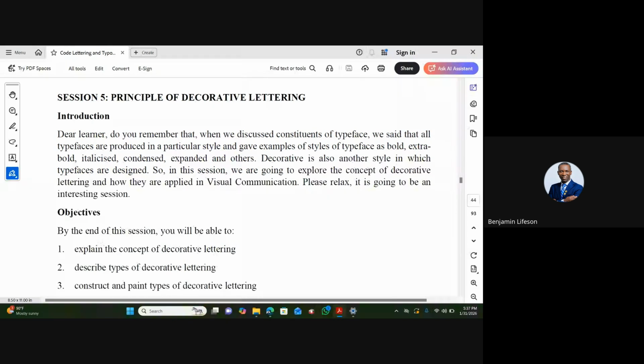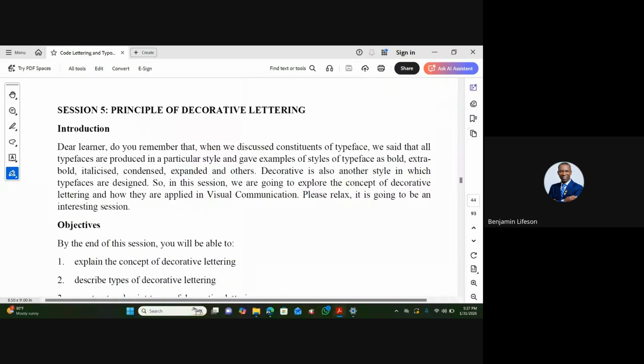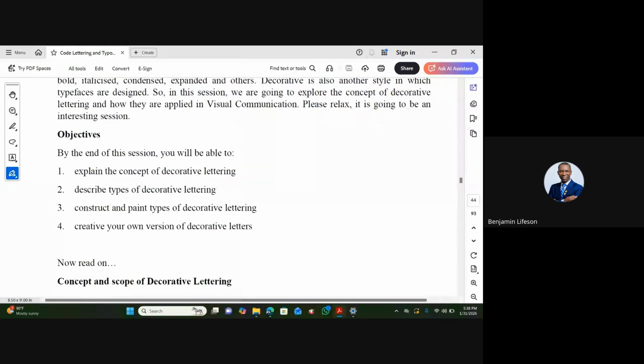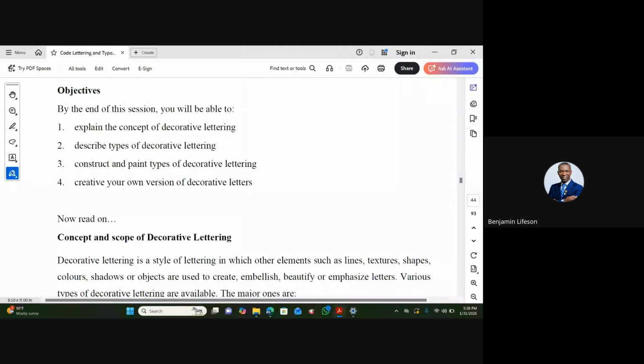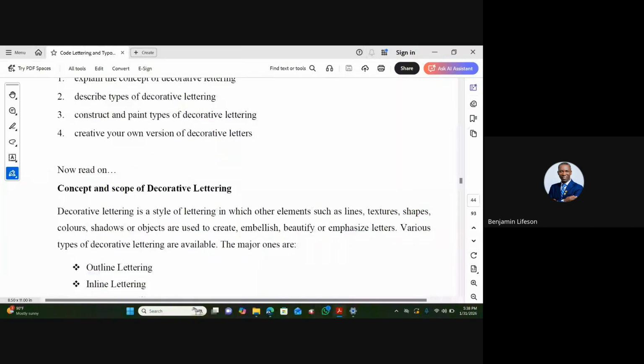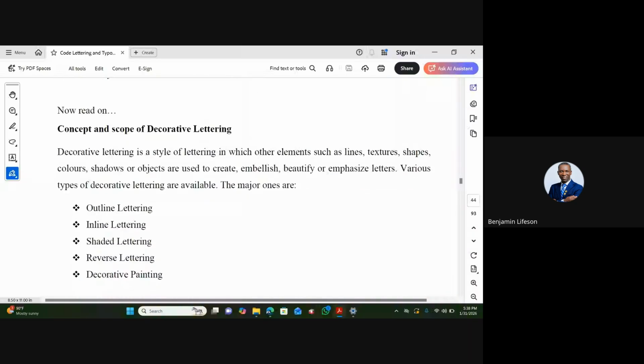So the decorative lettering, we want to look at the principle governing it. So by the end of the lesson, you are going to explain what decorative lettering is, describe the types of decorative lettering, construct and paint types of decorative lettering, and create your own version of decorative lettering.